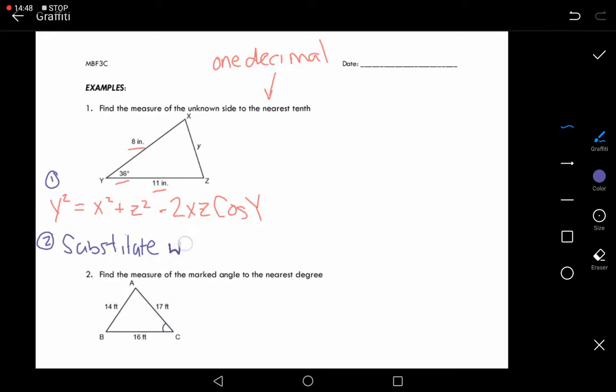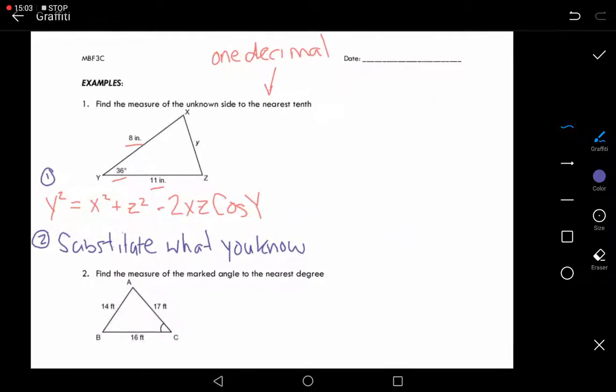Substitute what you know. Okay, which just means fill in the information that you know, right? So let's do that. Again, I'm going to try my best to write this out as neat as possible given the space that I have.